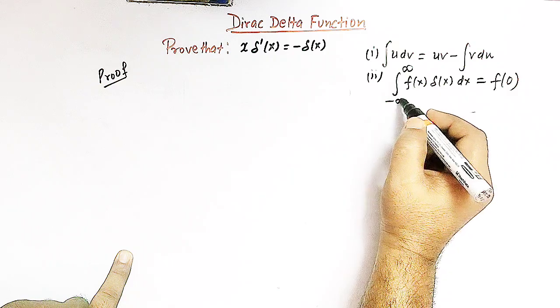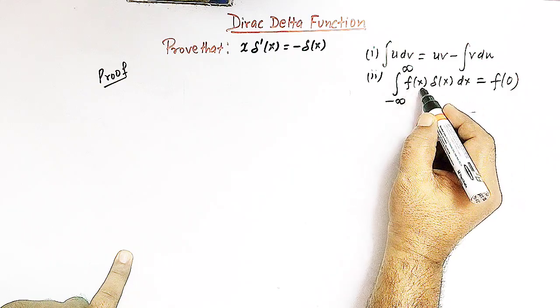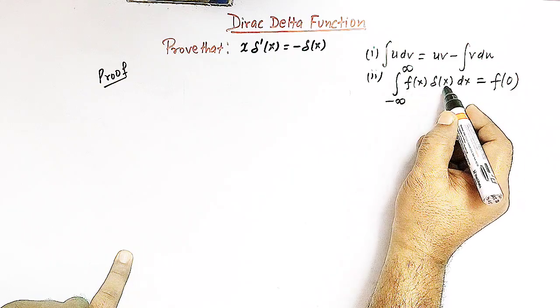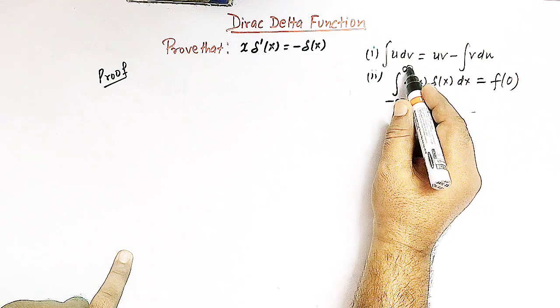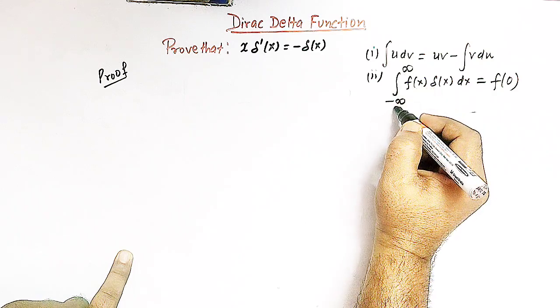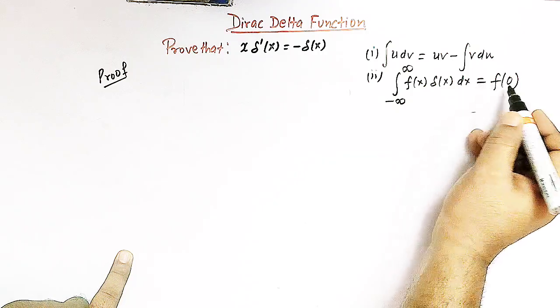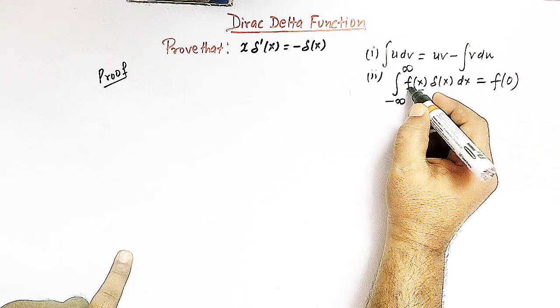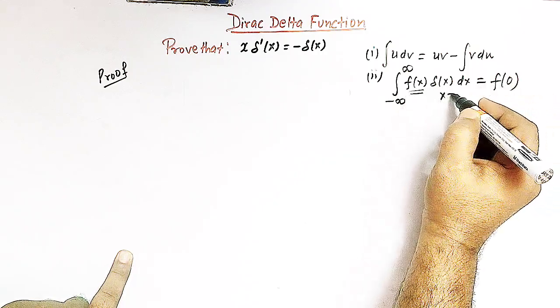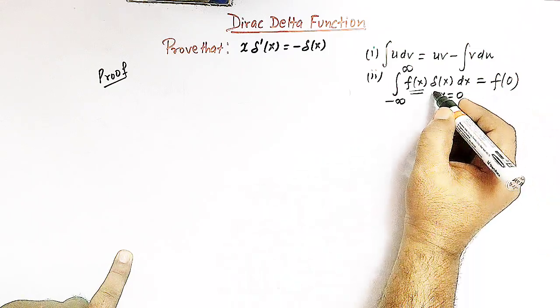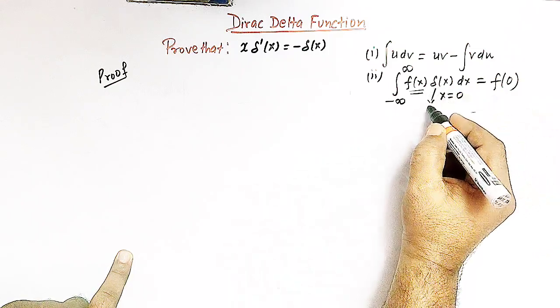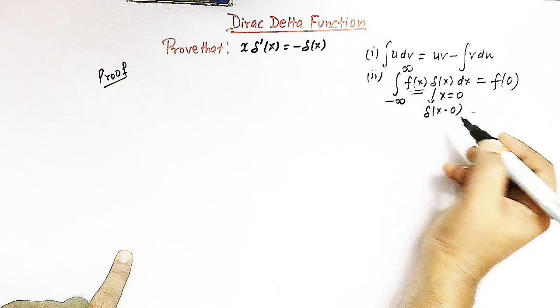So whenever we have a function f of x which is associated with the delta function, the value of this integral from minus infinity to infinity of f(x) delta(x) dx is equal to the value of the function at the point x equal to 0, because we can write delta x as delta of x minus 0.